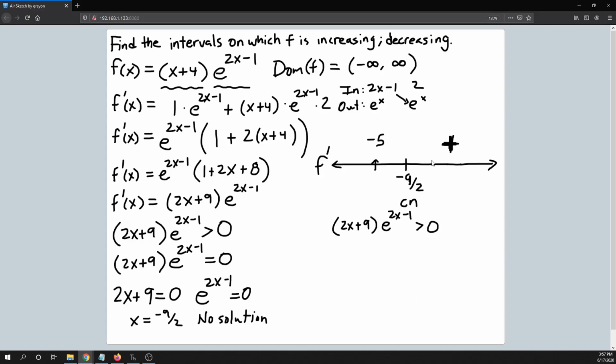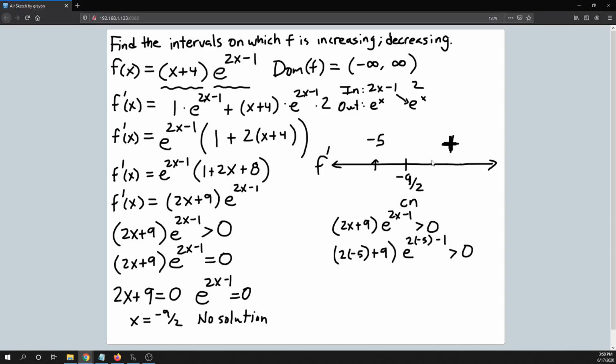And we're going to plug in a negative 5. So I get 2 times negative 5 plus 9 e to the 2 times negative 5 minus 1 greater than 0.